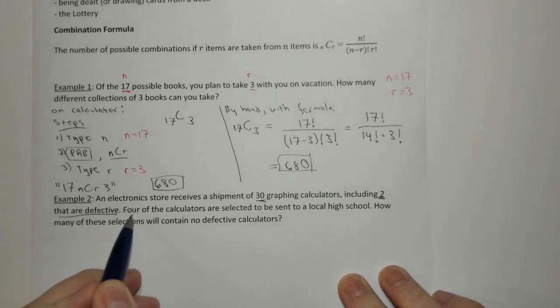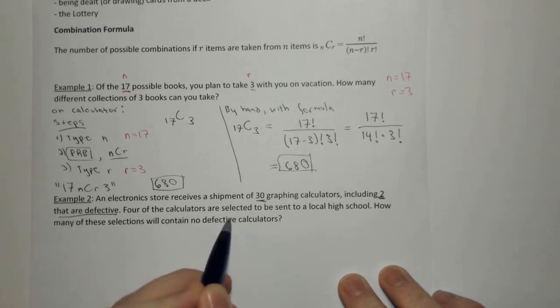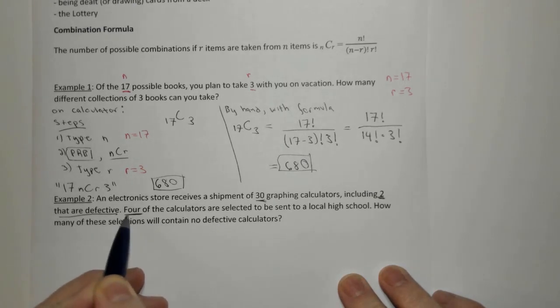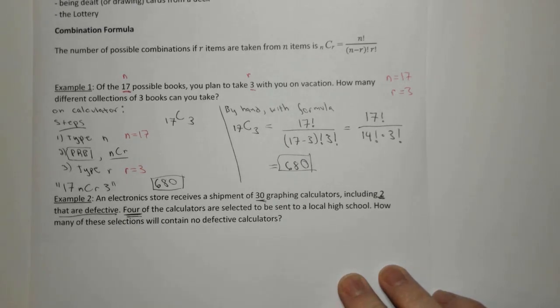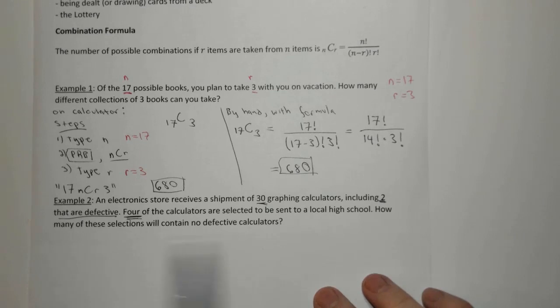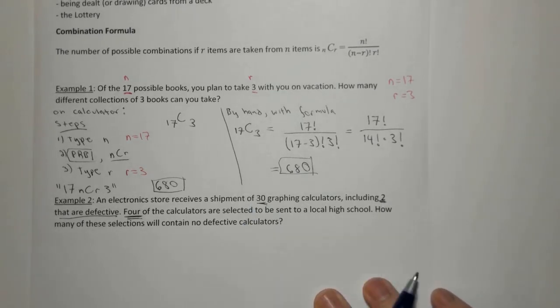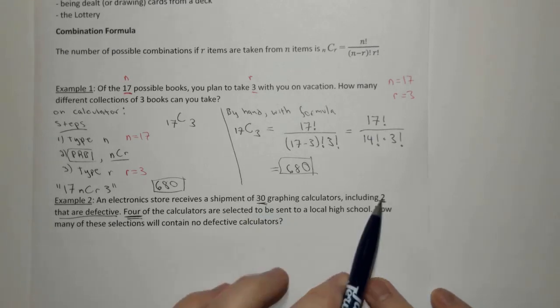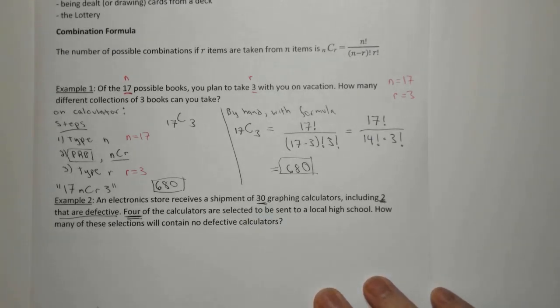But 4 of the calculators are going to be selected to be sent to a local high school. So in this question, we've got 3 numbers given to us. The largest number is 30, the smallest is 2. So I'm inclined to say this is N and this is R. That's not the story. You have to read the question and pick out what they're asking for.